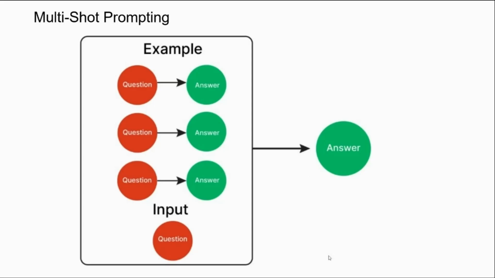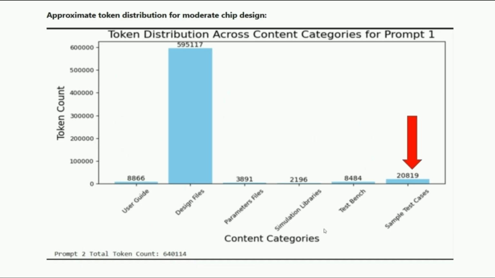Multi-shot prompting involves providing multiple examples of similar tasks or desired outputs in the prompt. These examples act as contextual demonstrations that guide the model to understand the task requirements. With high-quality sample test cases available, I am utilizing multi-shot prompting for this complex task to generate reliable and consistent test cases, leveraging Gemini 1.5's long context window.